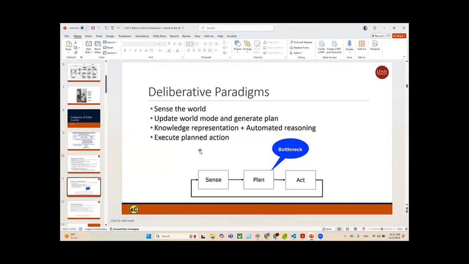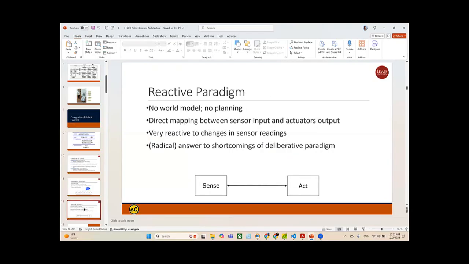So today we explained these four different kinds of control. The bottleneck is always at the planning, that's why we have so much trouble. And if you use AI, the planning will take even longer, but AI will give you much better planning compared to traditional planning. So we do smart planning, but we have to pay a price.